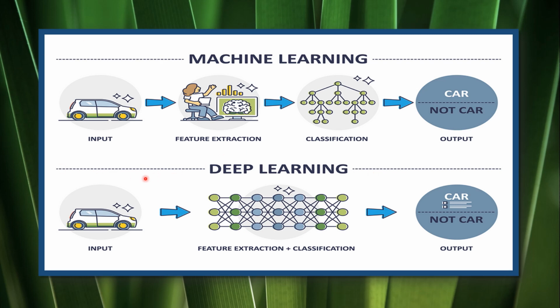So to summarize this, we can say that deep learning is a powerful tool for developing intelligent systems that can analyze and make decisions based on large amounts of data in business applications. And it is useful for tasks such as personalized product recommendation, fraud detection, and image recognition.